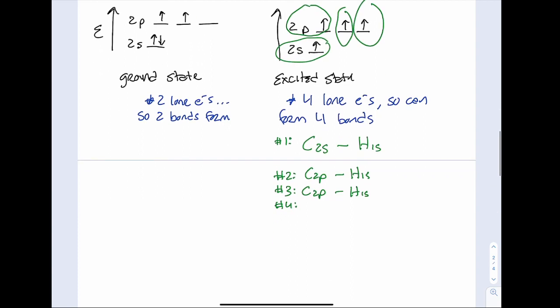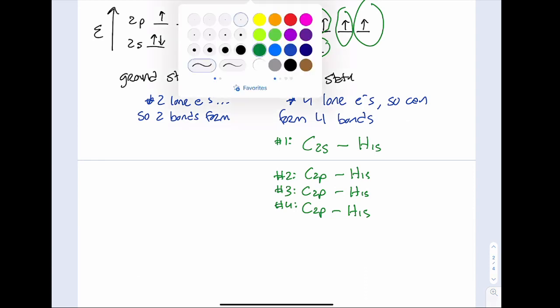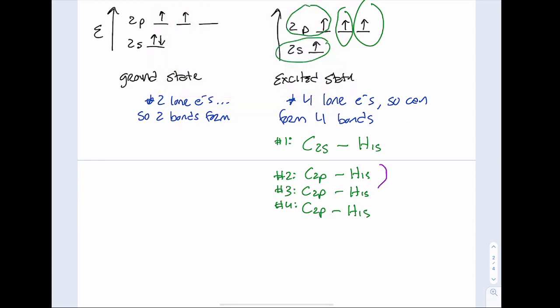My fourth, carbon 2p and hydrogen's 1s. So what I have is 3 bonds where I'm overlapping a p orbital with an s orbital, and I have 1 bond where I'm overlapping an s orbital with an s orbital. According to valence bond theory, one of those bonds is going to be stronger than the other 3.